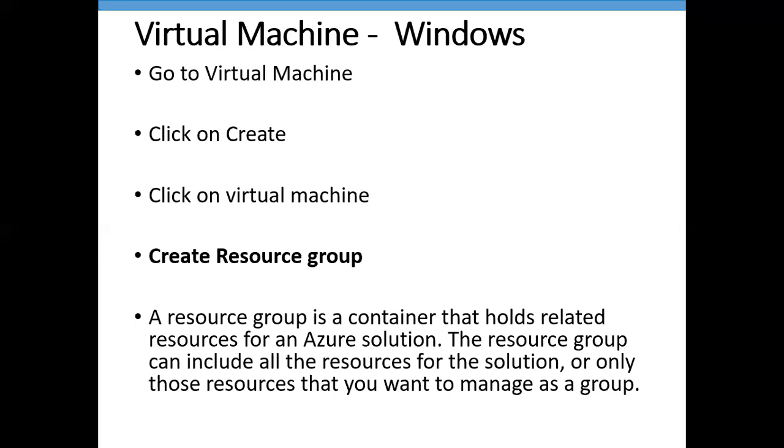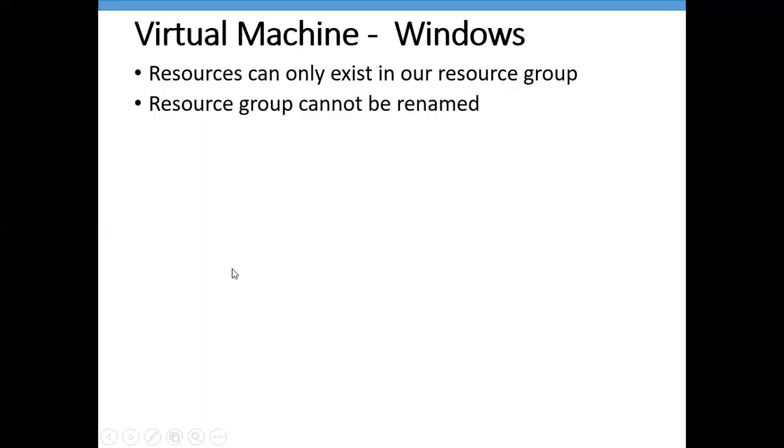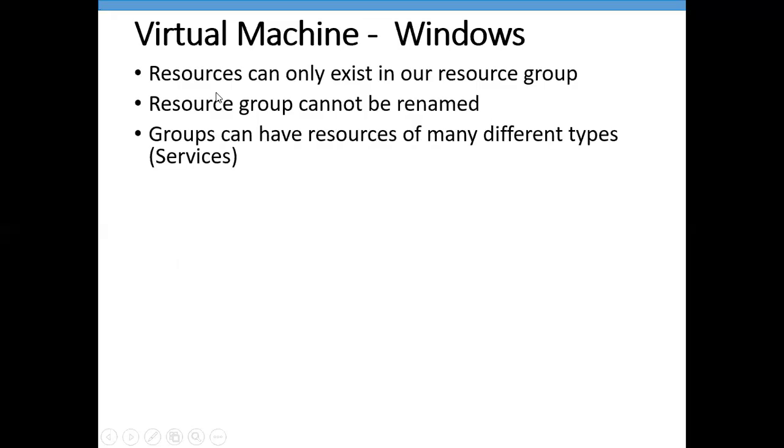In the resource group, you can check. So whenever you're practicing, it's very easy to check what all services you have created from the resource group. And to create this resource group, there are 2 ways. We will learn that.